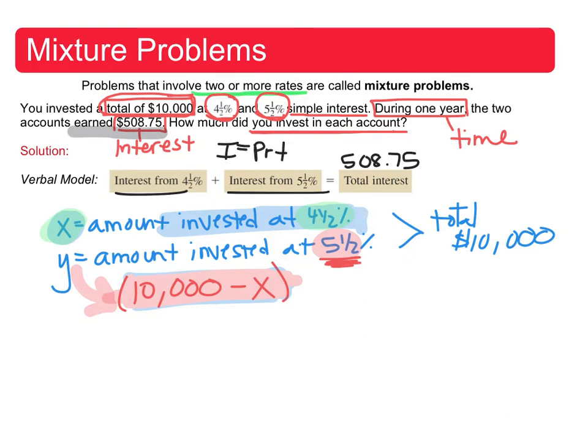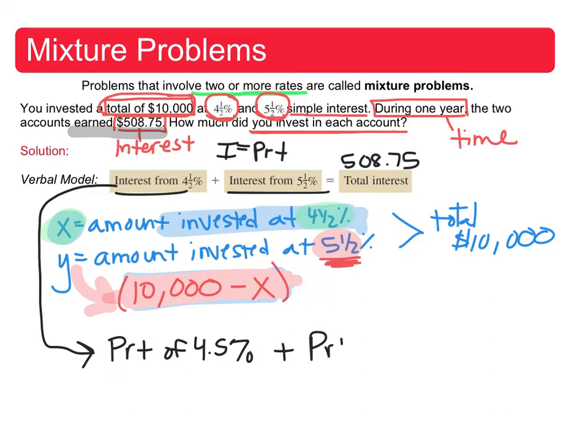So we can take our verbal model here and translate it down. Interest from 4.5%, so PRT of 4.5%, plus PRT of 5.5% equals $508.75. So now let's substitute in.